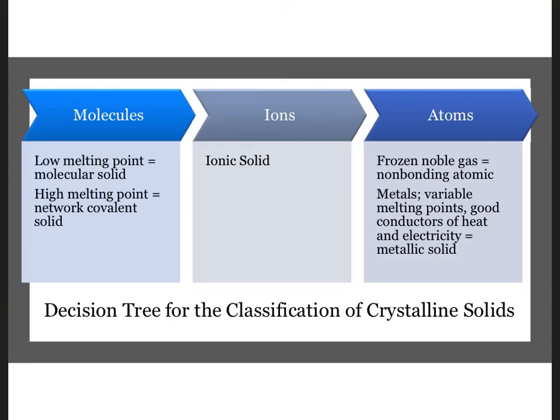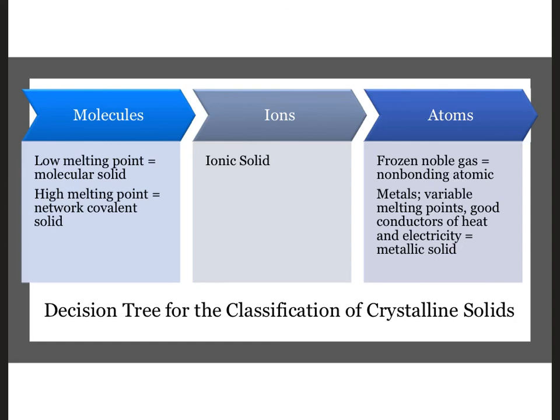To summarize, when classifying crystalline solids, the first question you need to ask is this: is the solid made of molecules, ions, or atoms? I'd like to offer up this decision tree to help you characterize the crystalline solids. If the solid looks like it is made of a molecule, it could be a molecular solid or a network covalent solid.